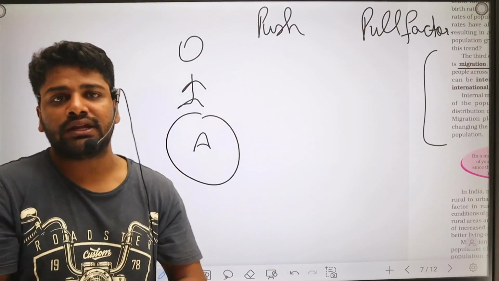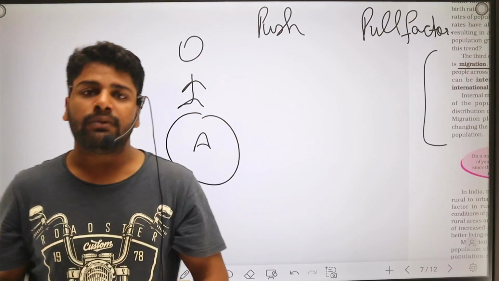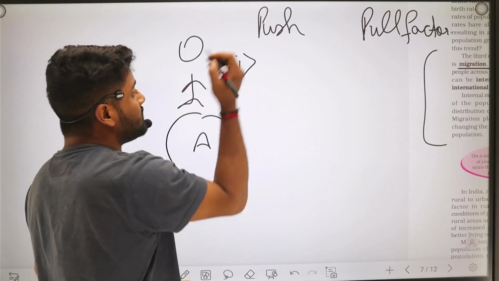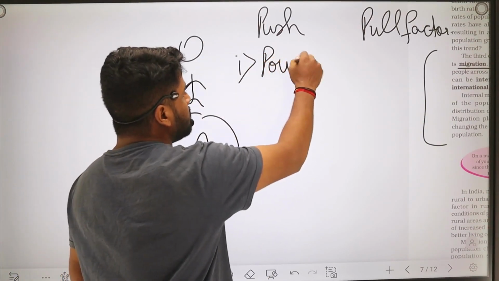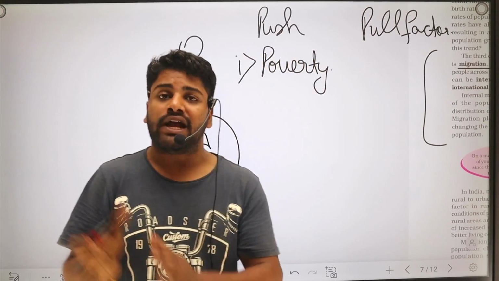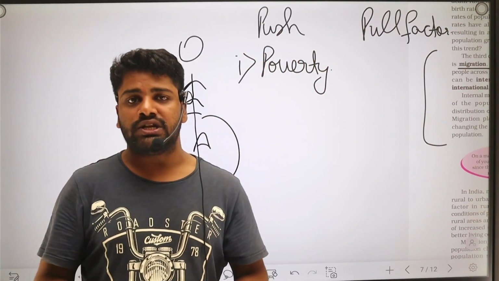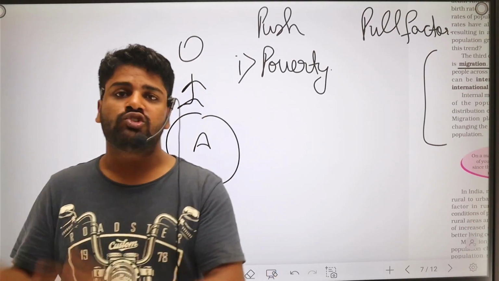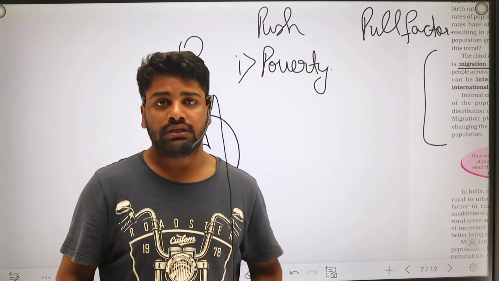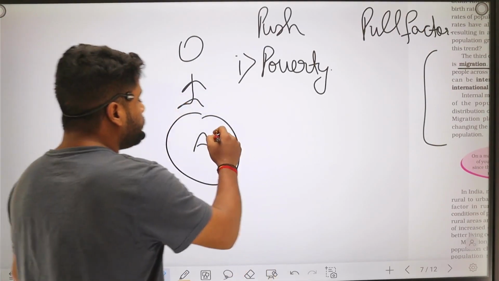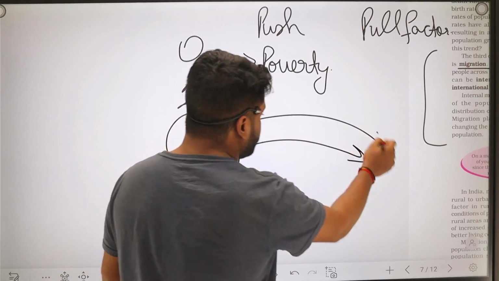What could be the reason for a person to leave his native place or birthplace? The foremost reason is poverty. There are certain places in India which don't give adequate job opportunities to everyone. Because of that, people in search of better job conditions and a better life change their position. From here they will locate themselves to a point B.